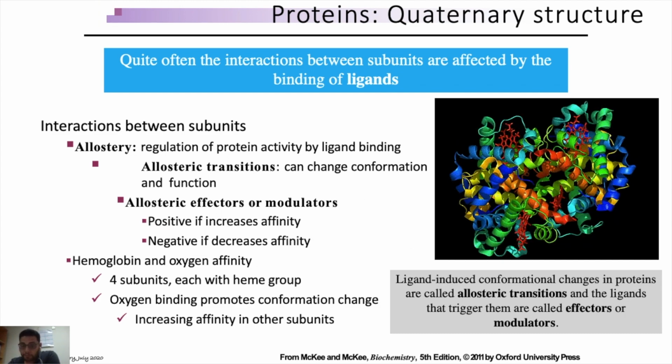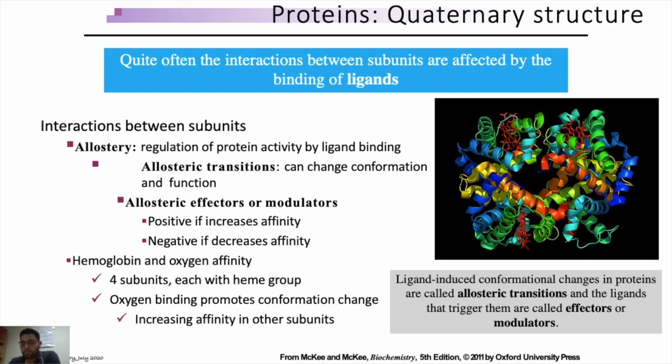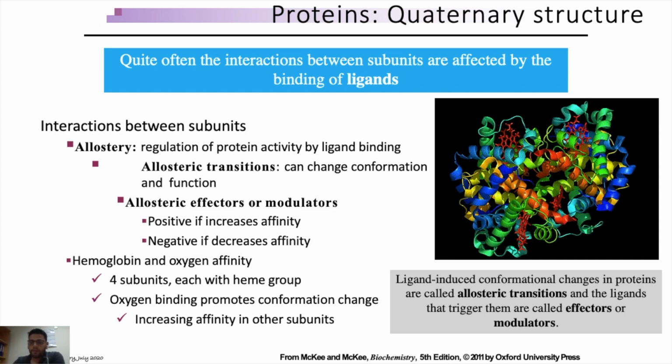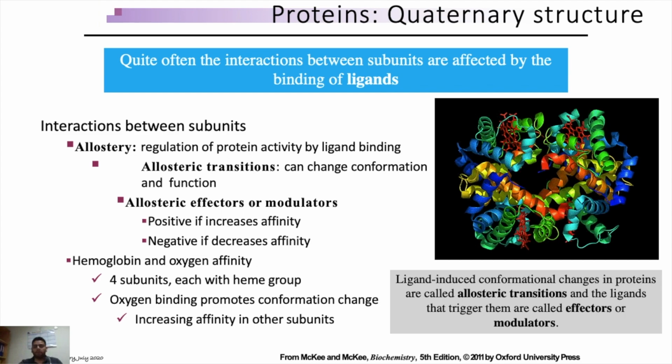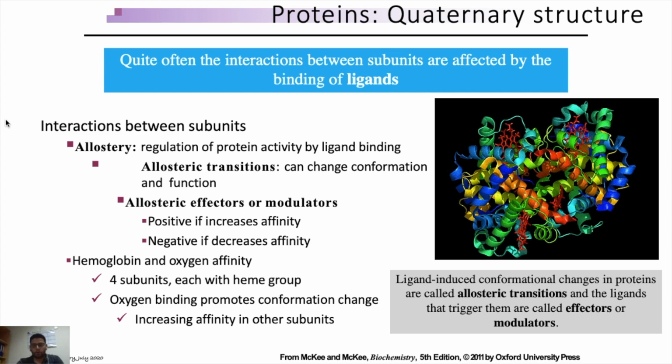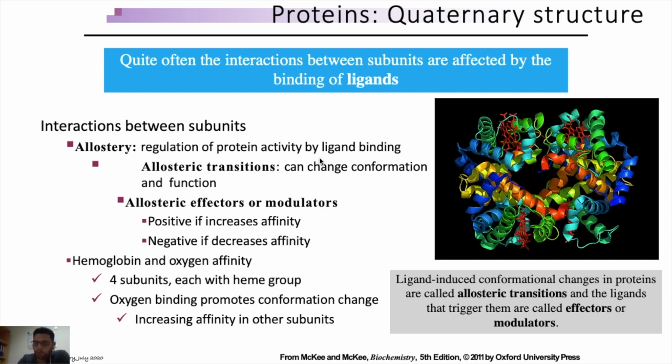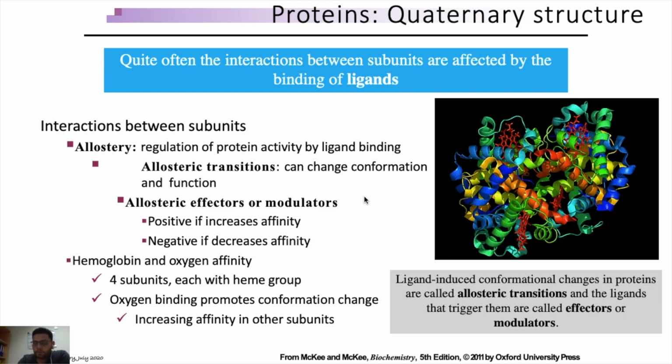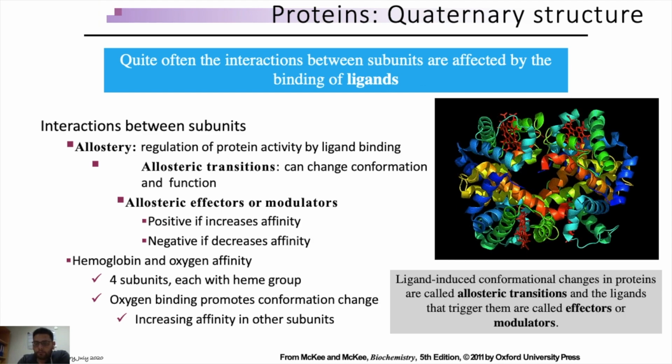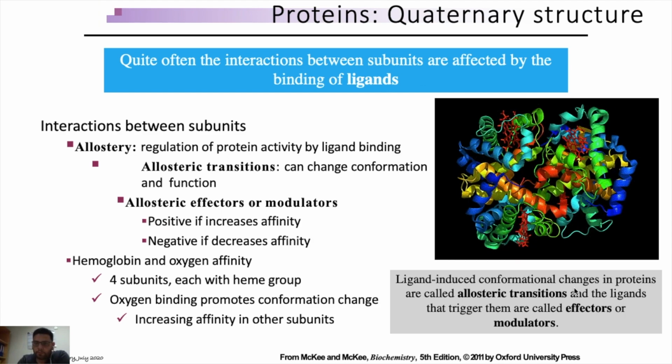Broadly speaking, allostery refers to any change in the tertiary or quaternary structure of a protein, or both, as induced by a ligand molecule, which could be an activator, inhibitor, or substrate, or all three.